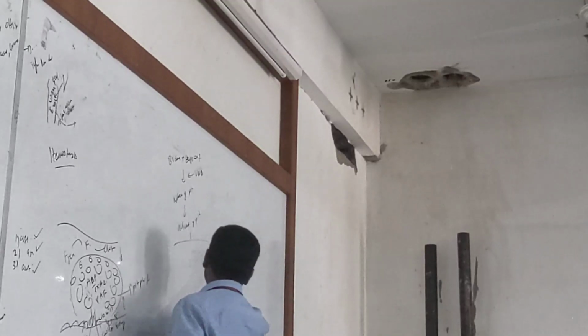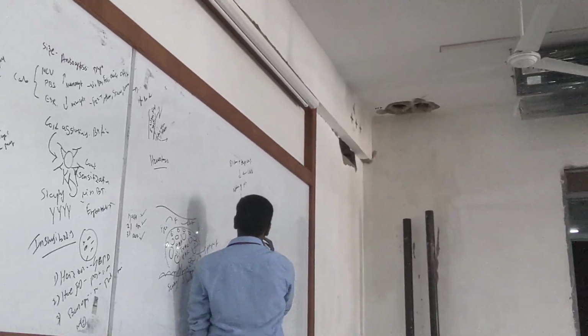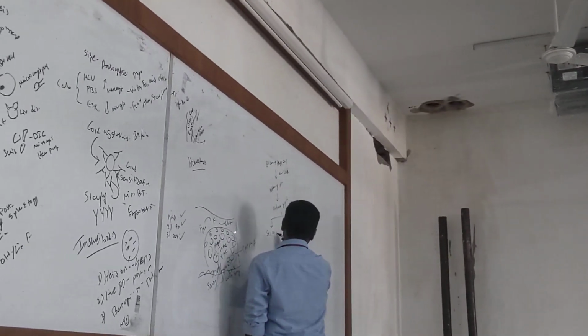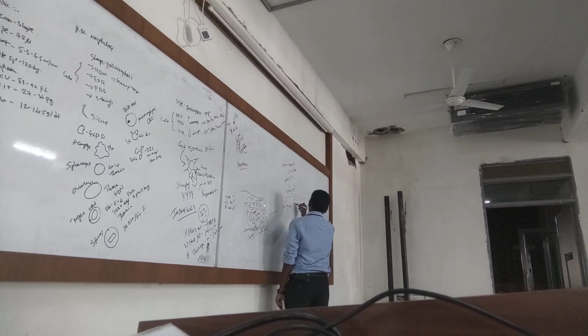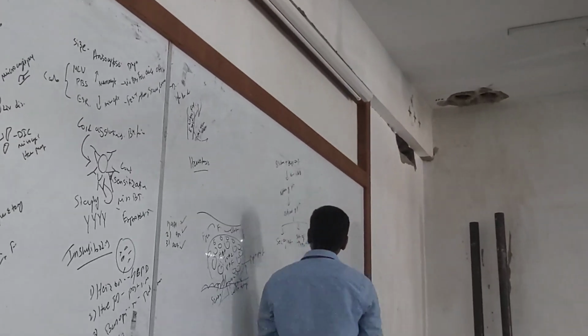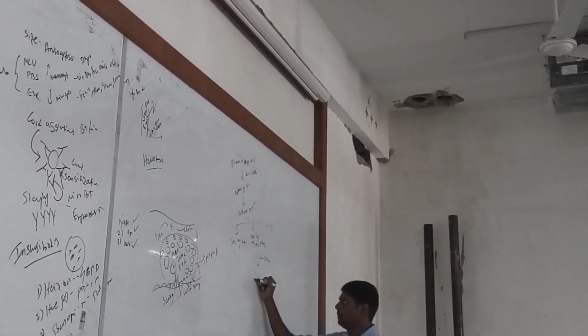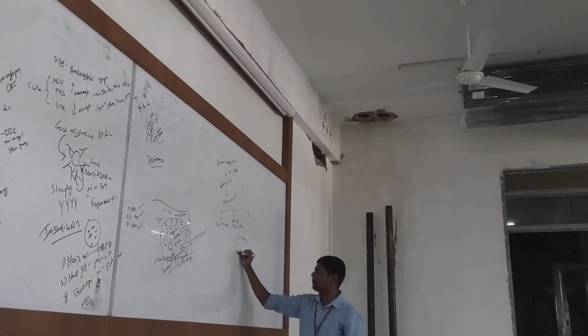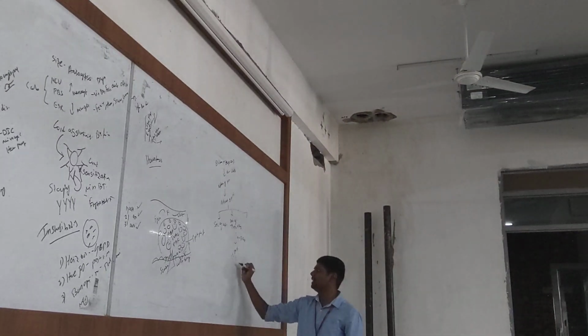Now activated platelets will do three things. Secretion of serotonin, secretion of thromboxane A2 plus ADP, in the presence of platelet activating factor, resulting in primary aggregation of platelets, then primary plug formation.